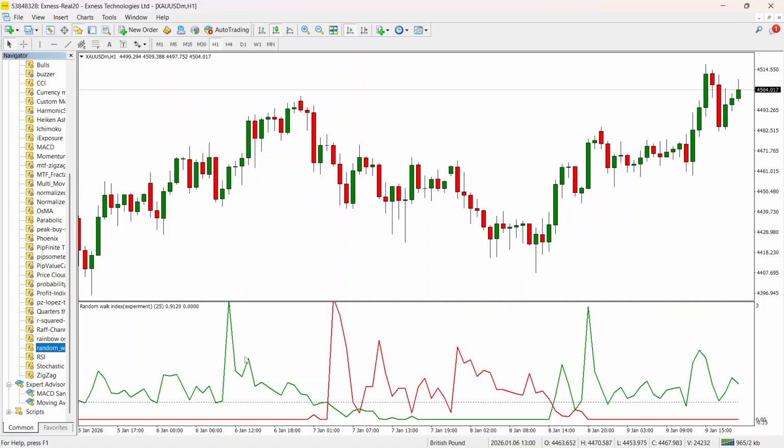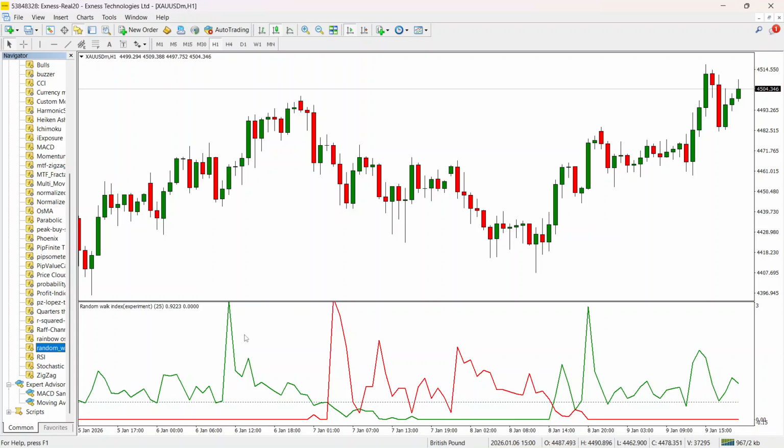On MetaTrader 4 and 5, the random walk index appears in a separate window below the price chart, displaying two lines labeled RWI high and RWI low.